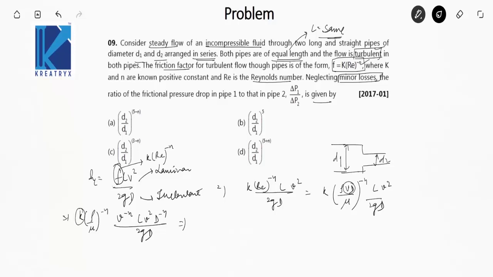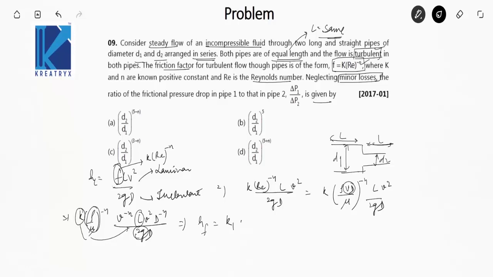This is constant, this part is also constant, 2g is constant, L for both the pipes is the same, so let this be constant. Can I substitute all these constants with a new constant, K1?